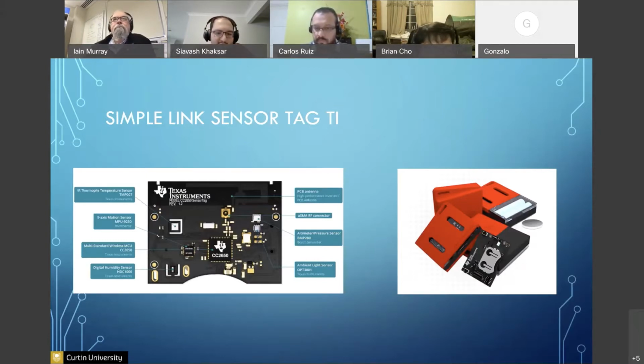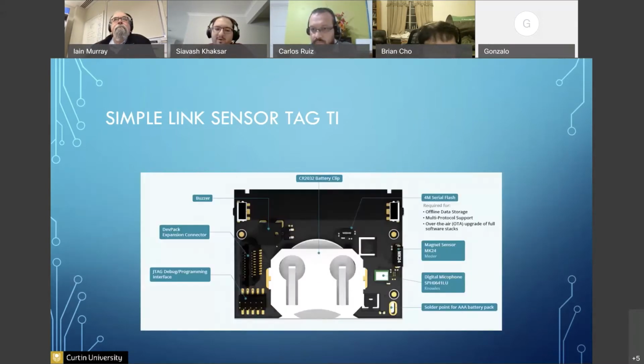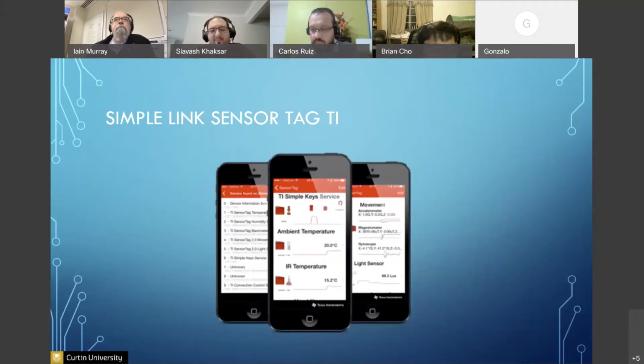It has an IMU 9250, a pressure sensor, and a bunch of other sensors in a small package. Here's a view of the back of it, and they offer a phone app for it as well, so we can monitor those movements directly on the phone app.